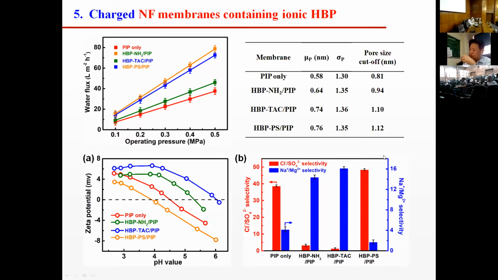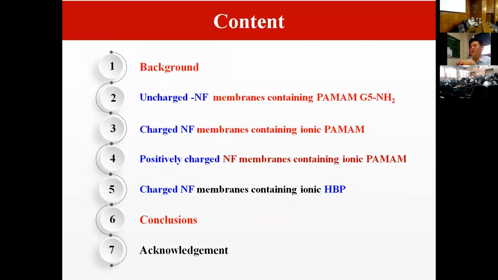This characteristic means we can use hyperbranched polymer to prepare novel-property nanofiltration membranes, especially for ion separation and salt separation.